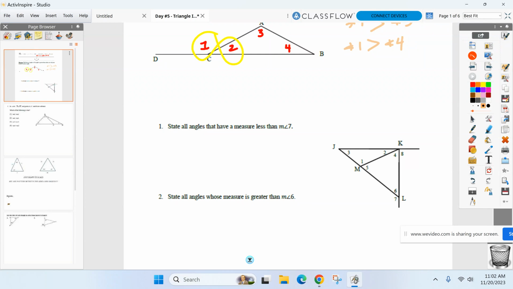Let's go. Take a triangle that angle 7 is exterior for and find its remote interiors. And those will be less than 7.